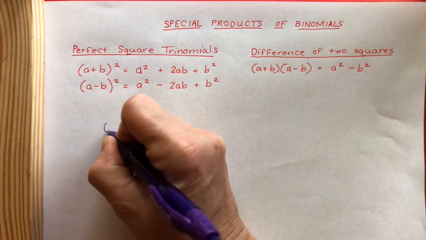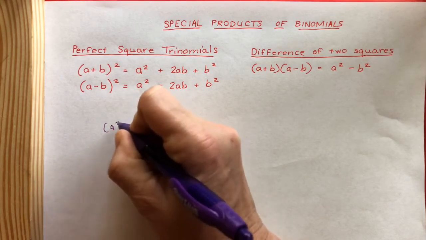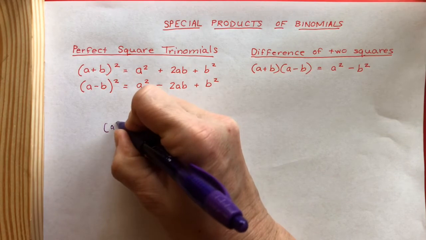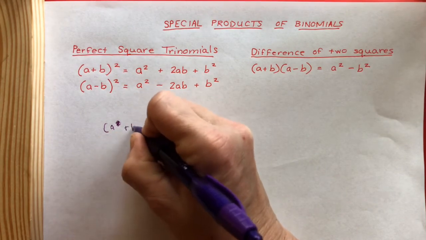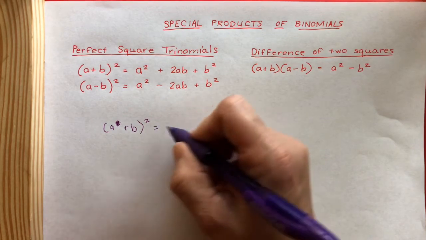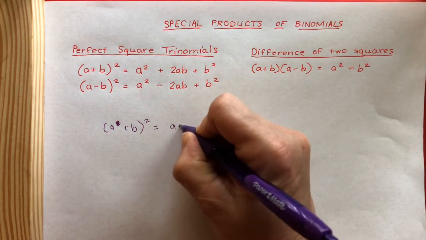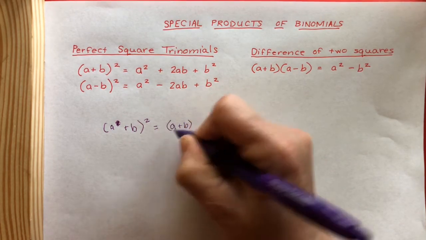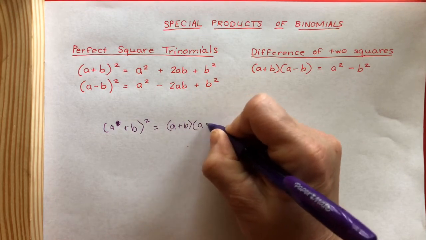If I did a plus b squared, that's going to equal a plus b times a plus b.